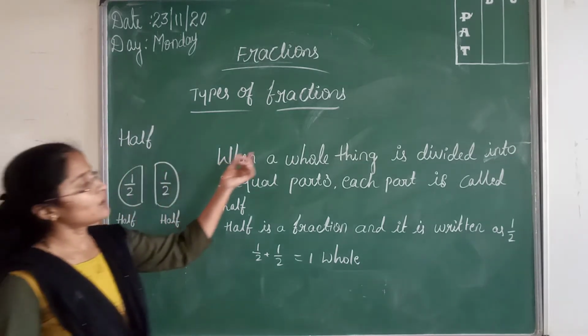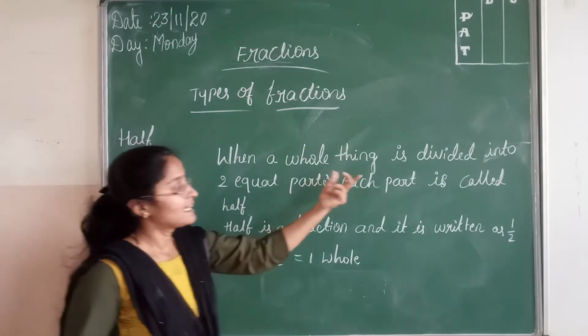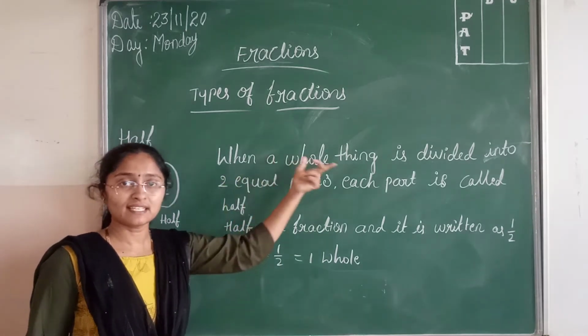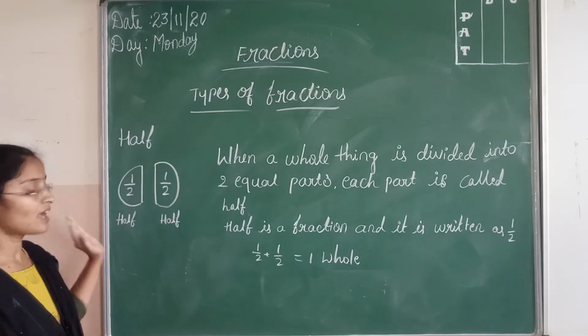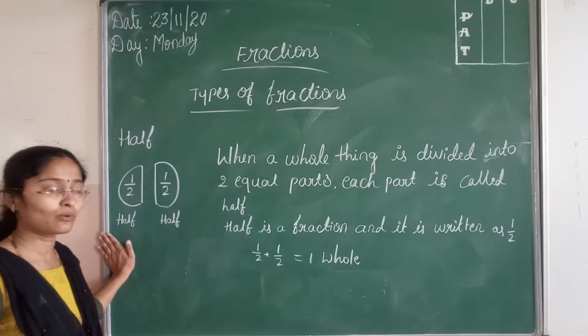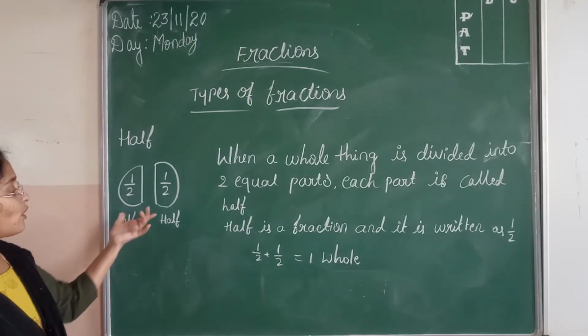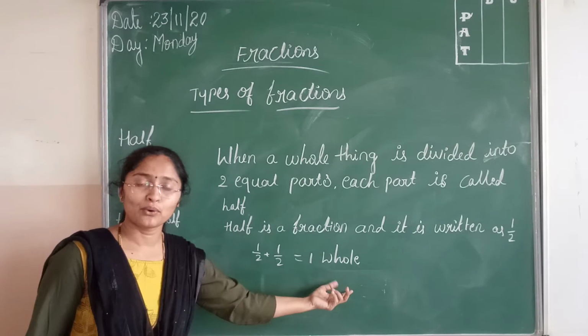When a whole thing is divided into two equal parts, each part is called half. This is one part of a whole, and this is another part of the whole. So when we add or join these two parts, we will get a whole.